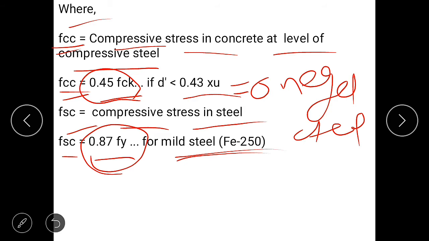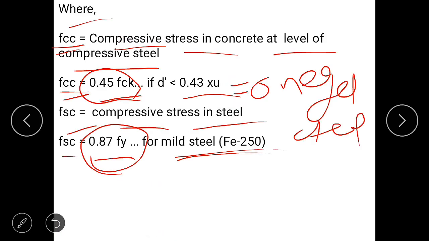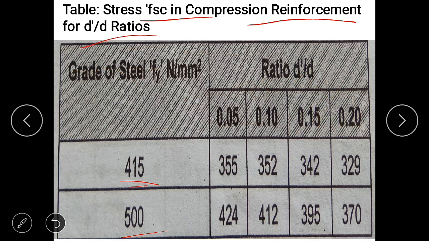The table gives the stress FSC in compression reinforcement for the ratio D dash to D. If the grade is 250, use the formula 0.87 into 250. But if the grade is 415 or 500, then use this table.